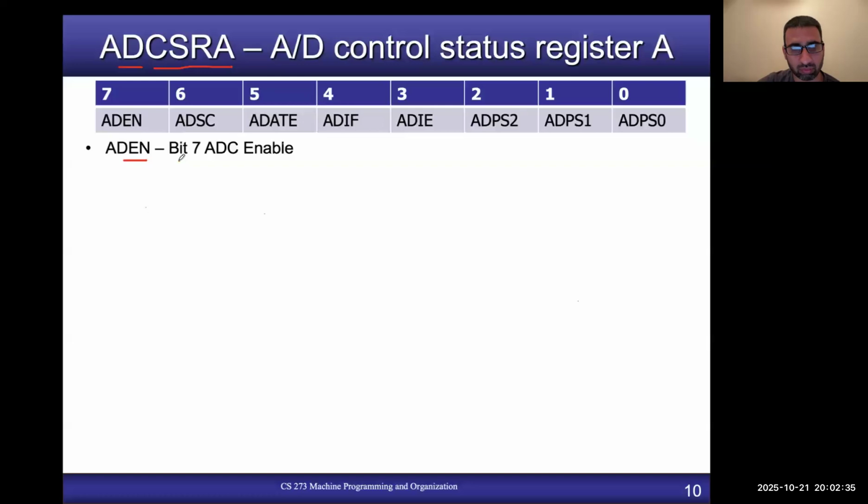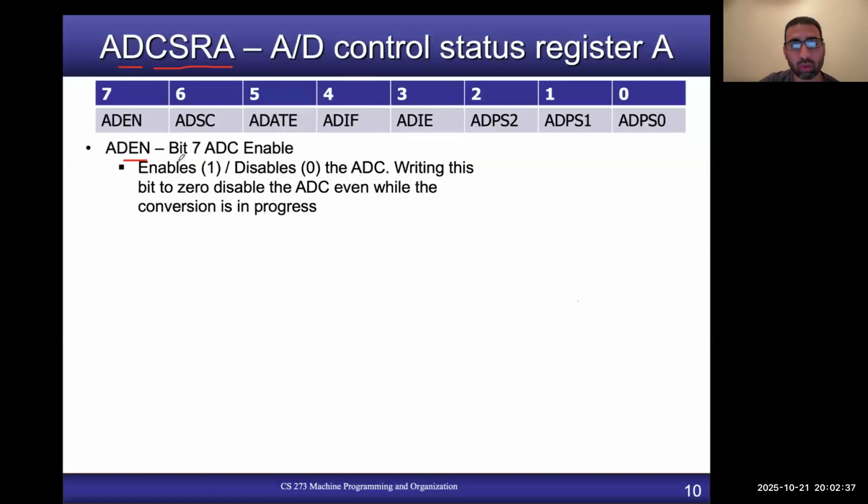If you want to use analog to digital conversion, you first need to set this bit equal to 1, which means you enable the ADC component of the microcontroller. If you write 0, your ADC will be disabled.